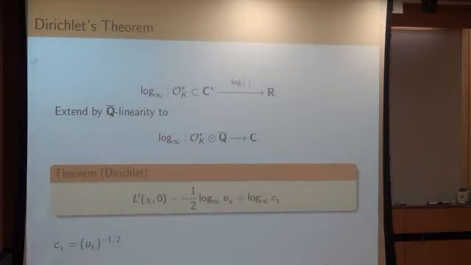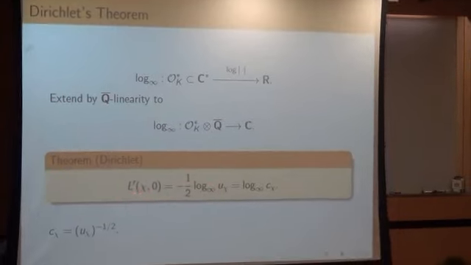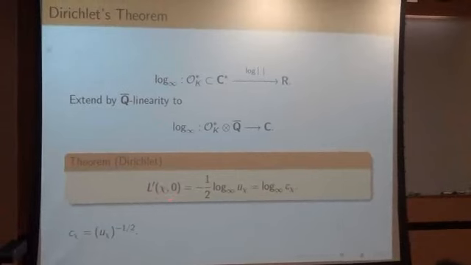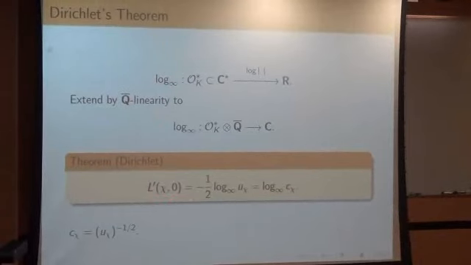And the Dirichlet class number formula in this context says that the leading term, I've written it at 0, the derivative at 0, this is 0 at 0 because chi is an even character, is negative 1/2 times the logarithm of this circular unit.